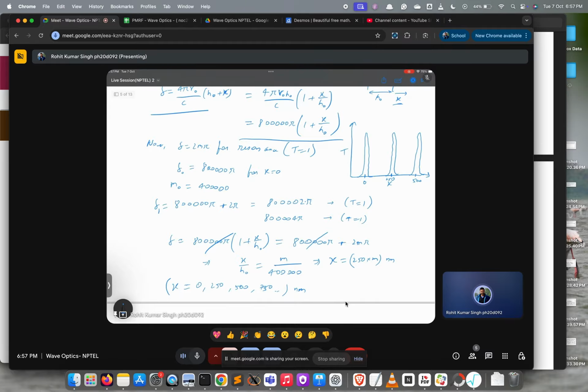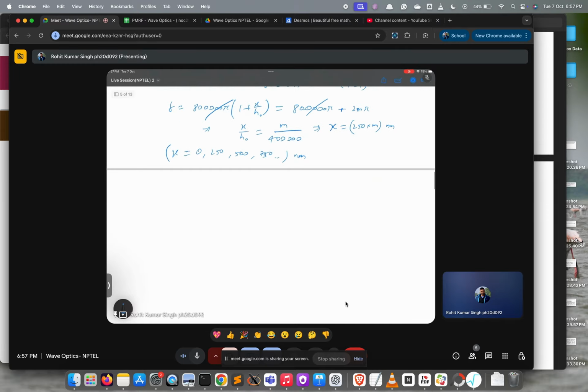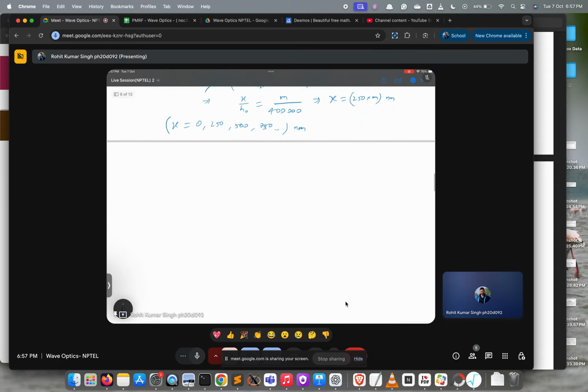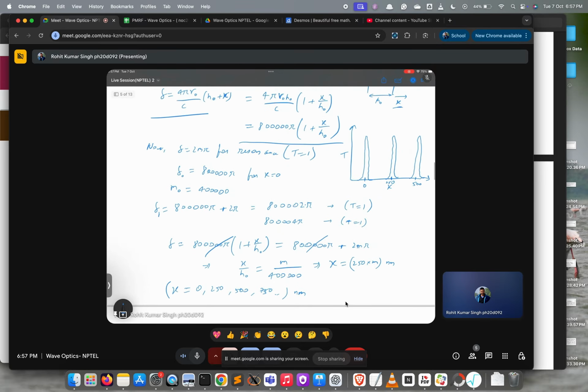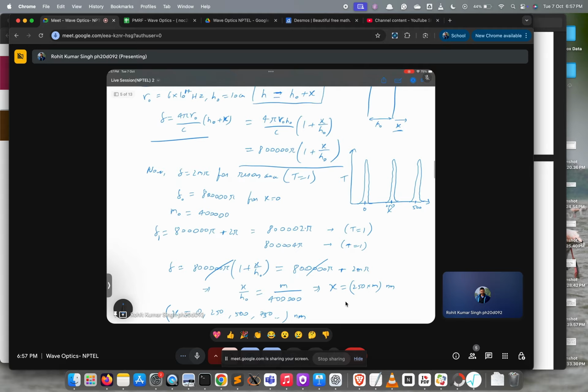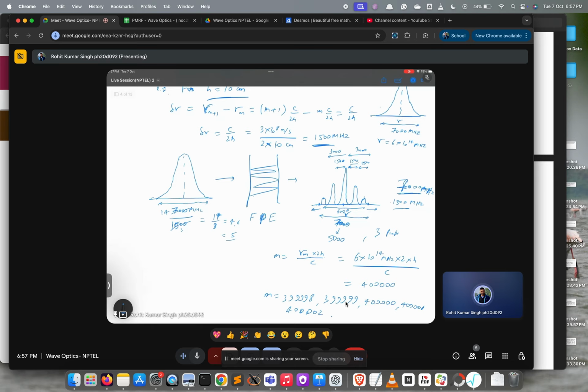Now this is very useful. How it is useful, that we'll see. Now one thing you might say is that, okay, above what we saw, you can change the frequency of the light also to get the resonance condition, right? Because for different frequency, you have different modes of this Fabry-Perot.